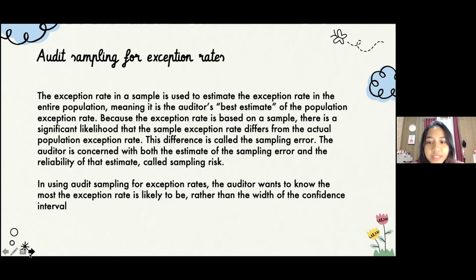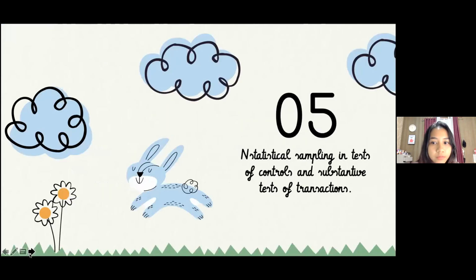This difference is called the sampling error. The auditor is concerned with both the estimate of the sampling error and the reliability of the estimate, called sampling risk. In using audit sampling for exception rates, the auditor wants to know the most the exception rate is likely to be, rather than the width of the confidence interval.